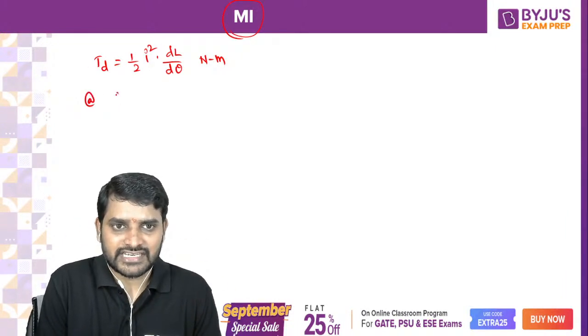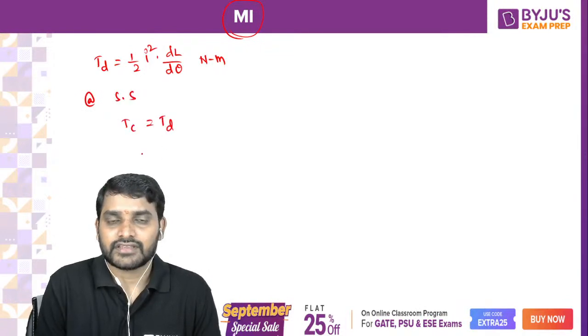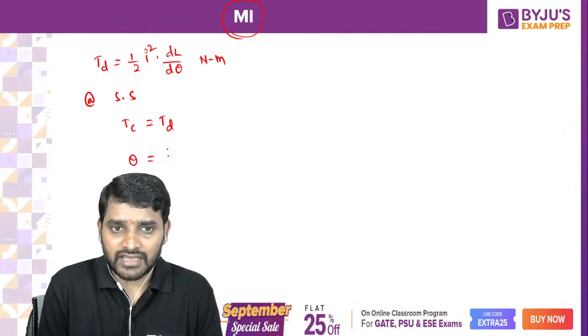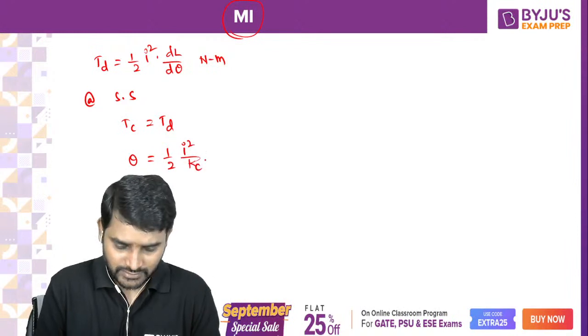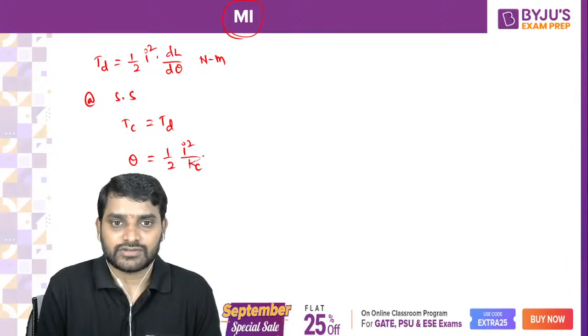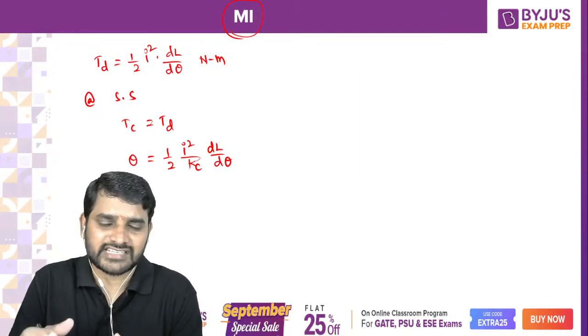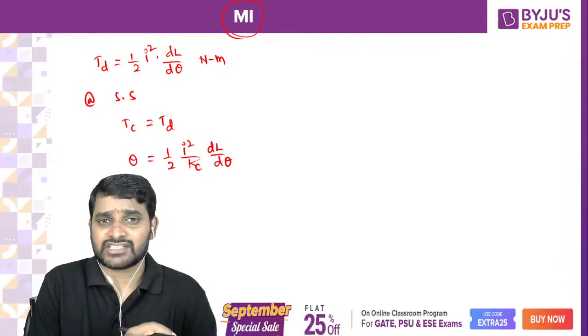Now at steady state, TC equals TD. Therefore, I can write Kc into theta equals half into square of the current into dL by d theta, so theta equals half into I square divided by Kc into dL by d theta. Sometimes I'll mention dL by d theta as a constant, sometimes I'll give you the inductance value also.